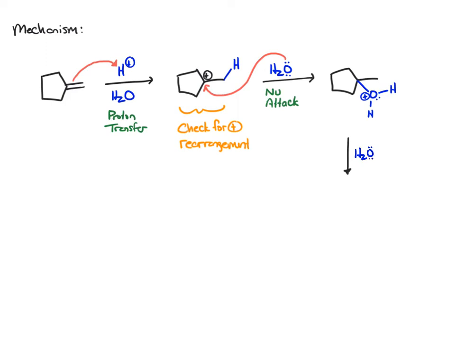And that will act as a base essentially and take this proton from that oxygen. When you do that, now we're left with the alcohol, plus we've actually reformed our acid, H3O+. This final step is a proton transfer.